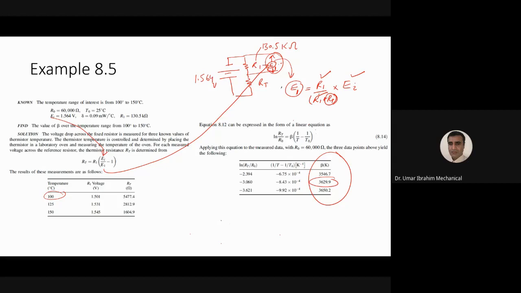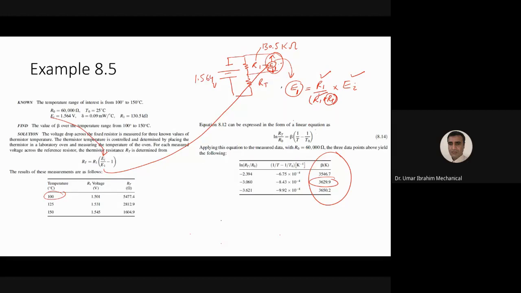So there will be an error introduced in your measurement because you used an approximate value of beta for the thermistor instead of the actual value of beta at that particular temperature for that particular thermistor.